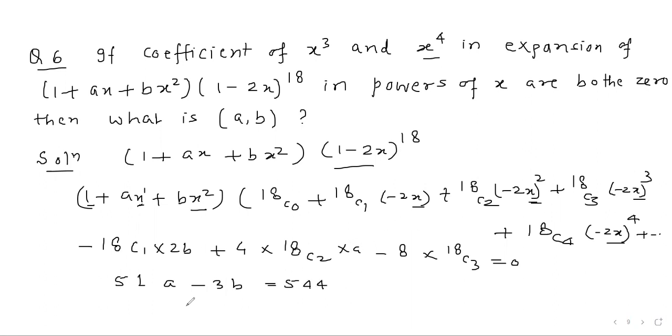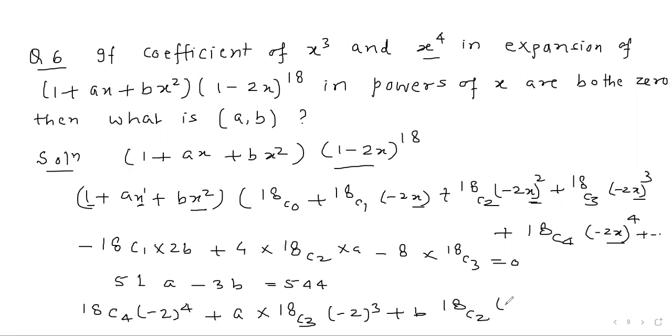Similarly, we can get the coefficient of x power 4, and that will come out as 18 C4 (minus 2) power 4 plus a times 18 C3 (minus 2) power 3 plus b times 18 C2 (minus 2) power 2, which must be 0 as given in the question.